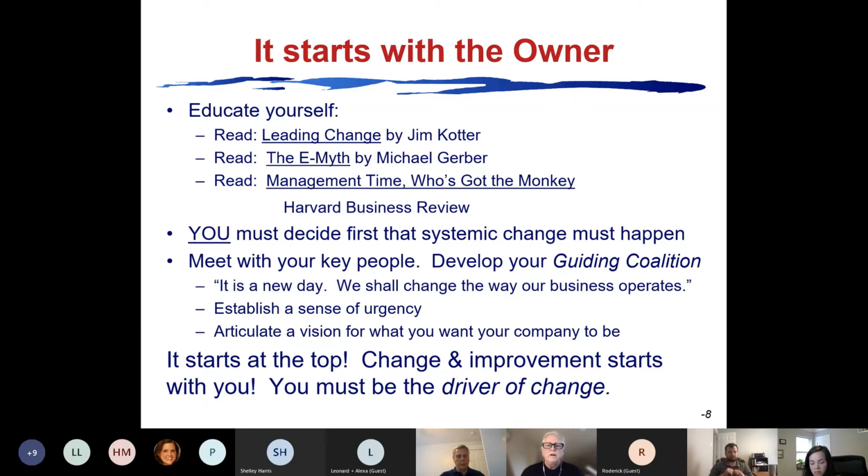That's the first step: selecting who they are, then meeting with them, saying, here's why we're meeting, here's what's going on. I would suggest reading those books first, Leading Change and The E-Myth, and the Harvard Business Review article. They will help you put together your thoughts on how you would work with those folks.